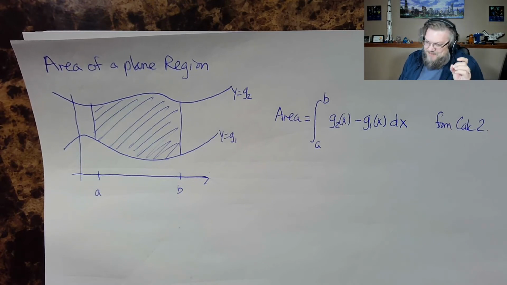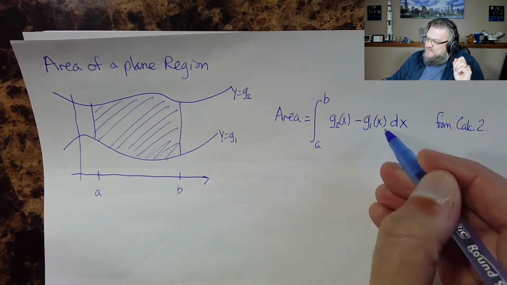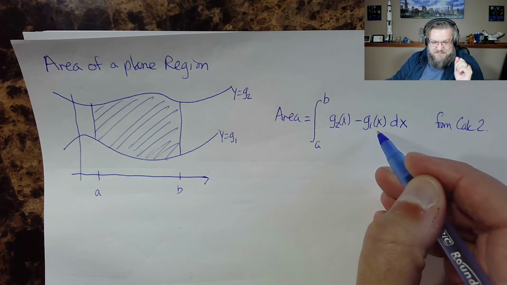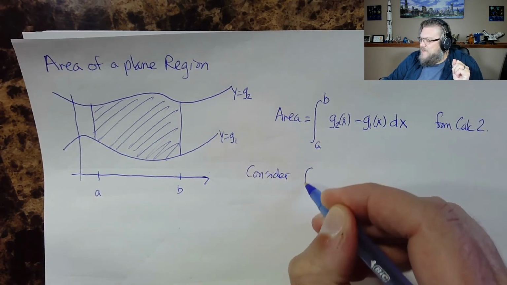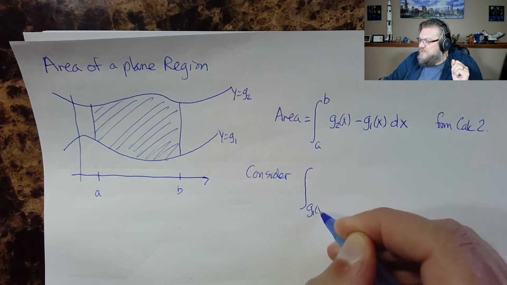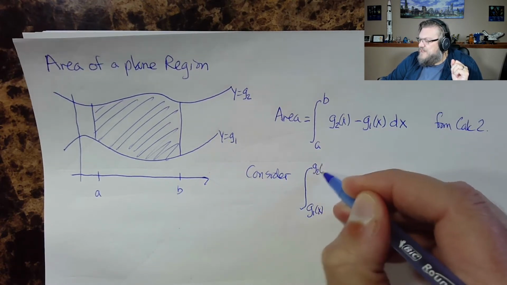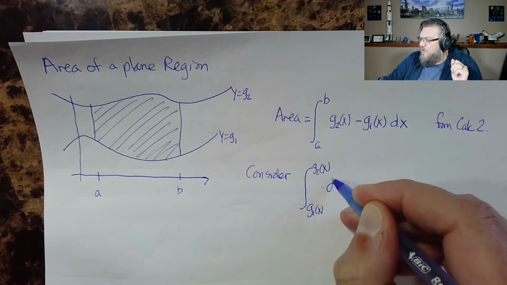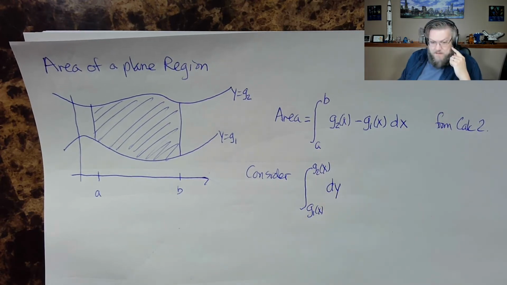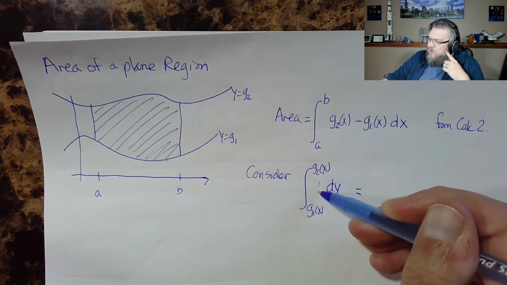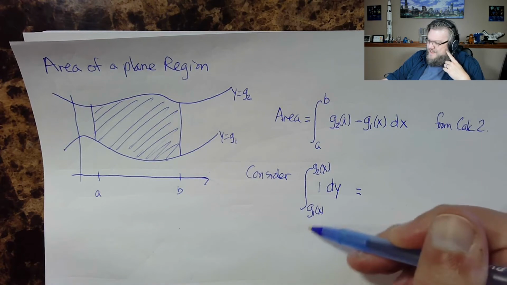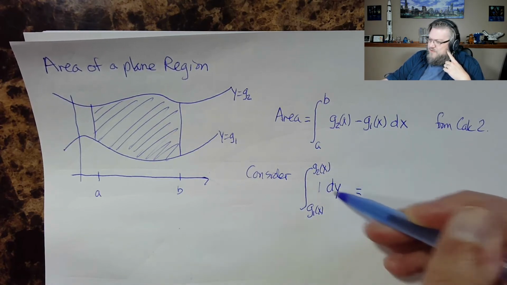But now, using our multivariable perspective, I can actually write this difference of two functions in an interesting way. Consider the following. What would be the integral from g1 of x to g2 of x with respect to y? Well, this would be like integrating 1. And this is totally cool to have an integral with respect to y.